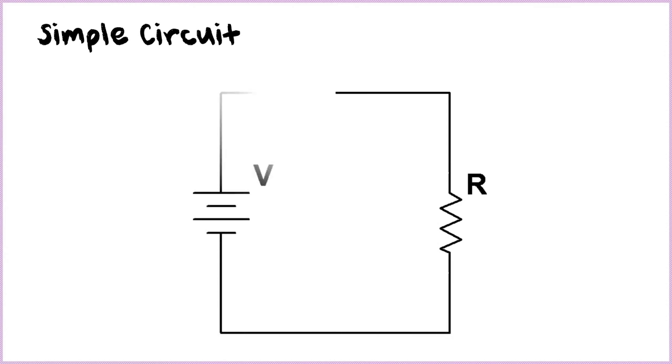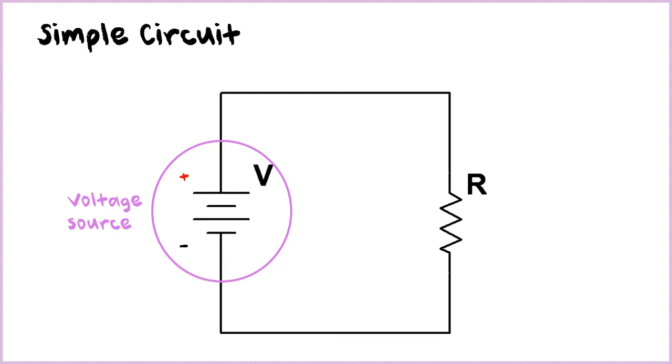So we'll apply it to a simple circuit. In a simple circuit, we have a voltage source, which is the long line. If you see the symbol, the long line is the positive side, and the smaller line is our negative side. So that is our voltage source.